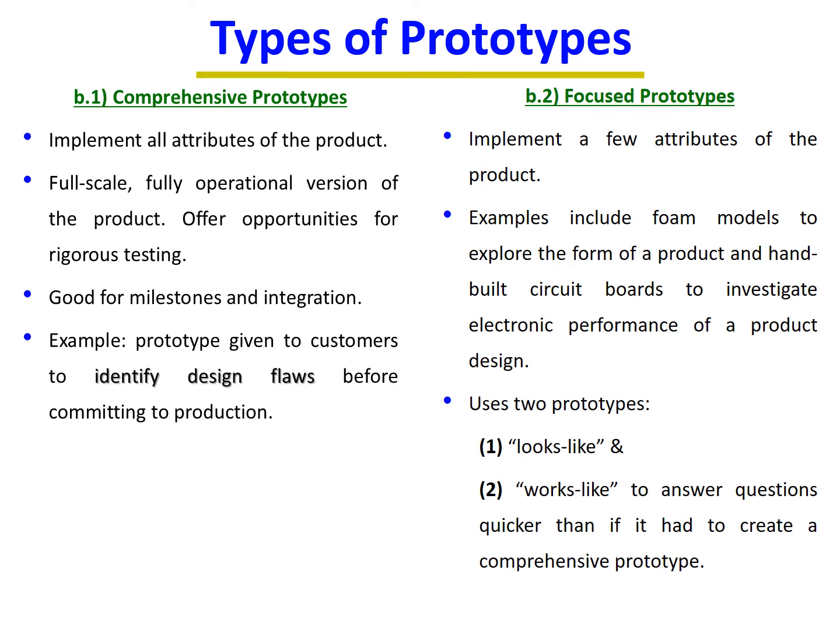Comprehensive prototype, full version of the form, geometry, shape, every function, everything. But these focused ones are shorter versions so that you can focus on only a few attributes of the product and still discuss it with either the customer or with other design team members or with the manufacturing team, or with the management team and so on.